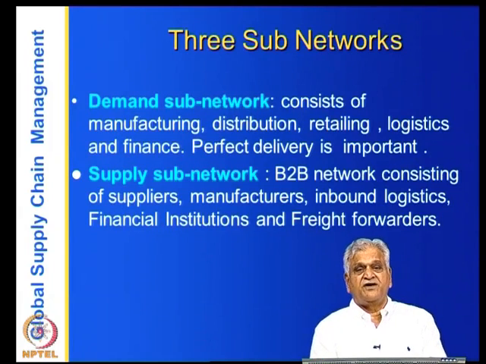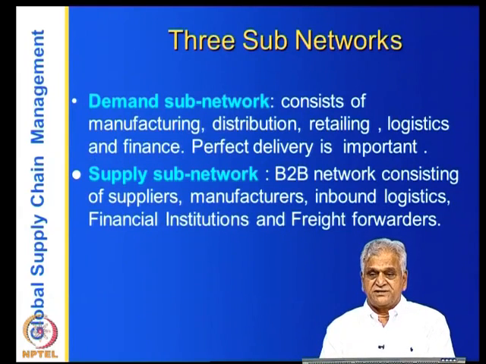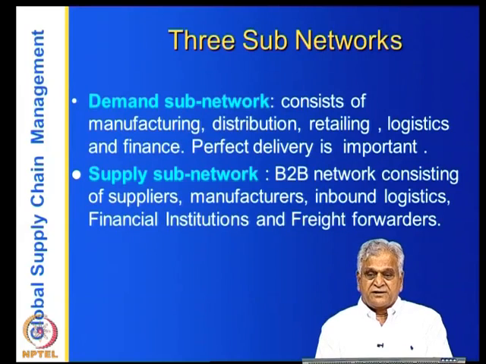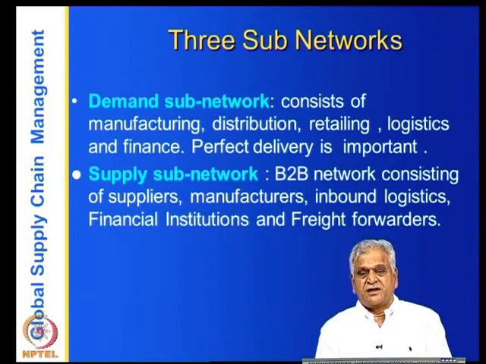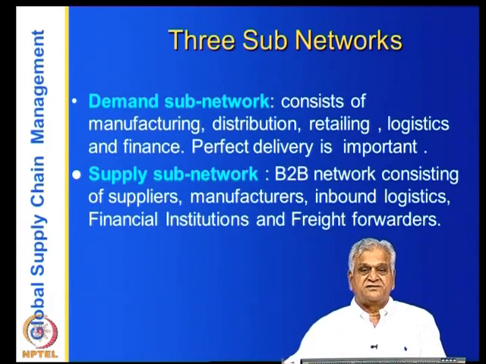It has a lot of financial implications, because the flow has to be at the right time, at the right place, and your production times and production capability depend on this particular subnetwork.